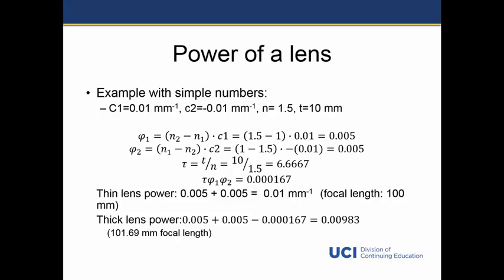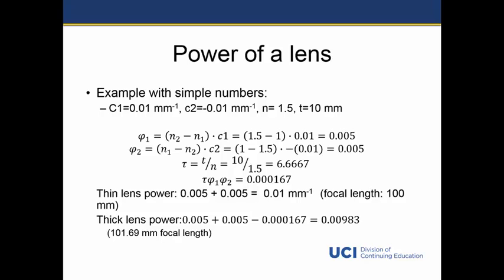Second surface, change in index times this curvature. Both of these happen to be negative values, so again I get a positive value for my power. And here is my thickness term, and here is the cross product term. If I'm using a thin lens calculation, I simply add up the two powers. Simple enough to do, picking nice easy numbers, which gives me a focal length of about 100 millimeters.